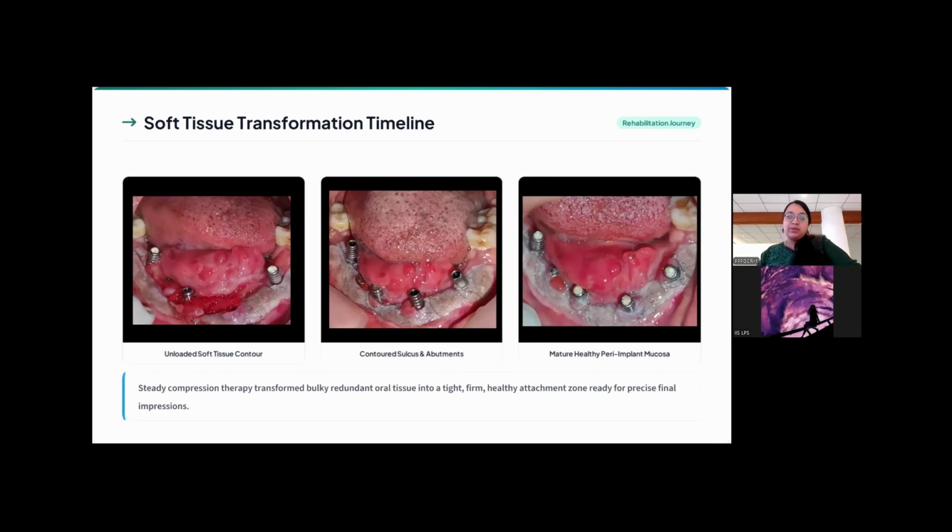So over the next 2 to 3 months, the soft tissue was slowly allowed to heal. Once that was done, the bulky tissue which was earlier present turns into a tight, firm and healthy attachment zone. For that, we get a proper tissue bed onto which the prosthesis will sit.